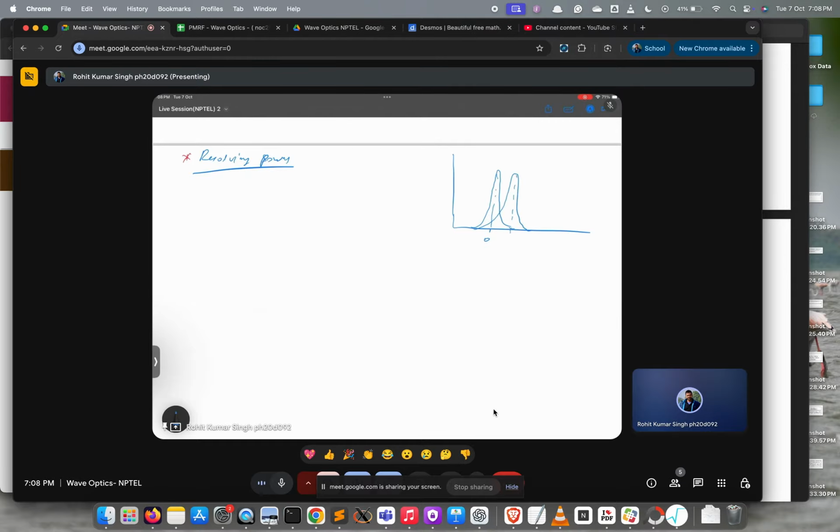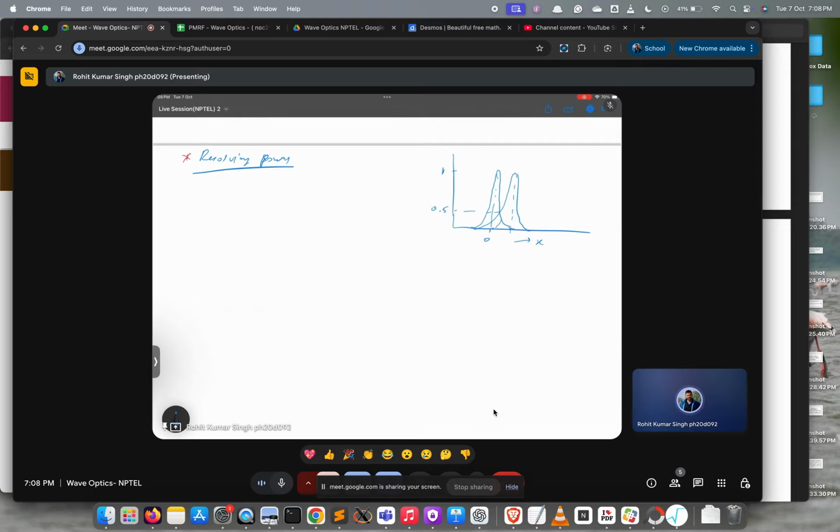If the falling intensity of the first peak coincides with the rising intensity of the second peak at half, at 0.5, where the peak is 1, we will call them resolved. This is the condition of resolved. At least they should have this kind of structure.